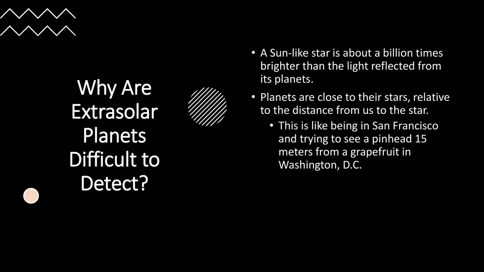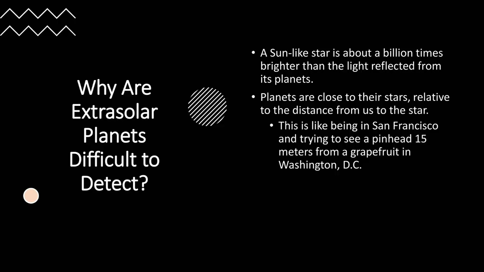And so you have a very bright object next to something that's very faint, and the sizes and distances to these things are pretty extreme. So the analogy is trying to detect a planet around a distant star is like trying to see a pinhead 15 meters away from a grapefruit in Washington, D.C. if you're observing it from San Francisco. So very hard to do.